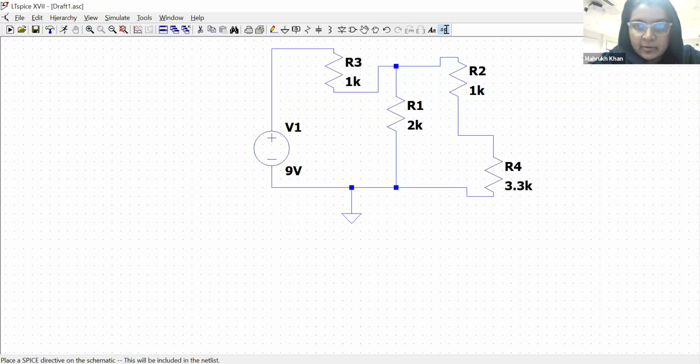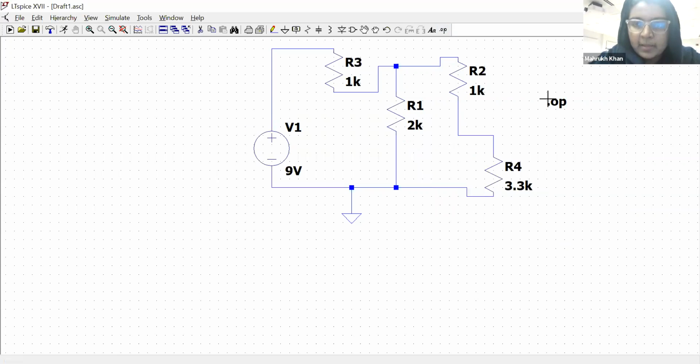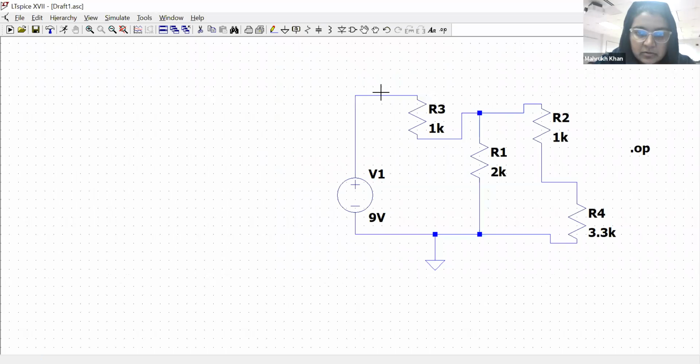I was just trying to introduce dot op, so we will see the values. Maybe I should say that this is your R1 and this is your R3. It's okay if I have these values like that?